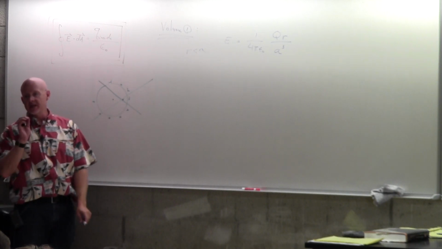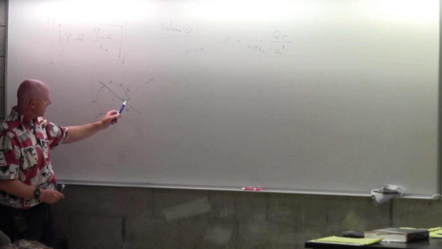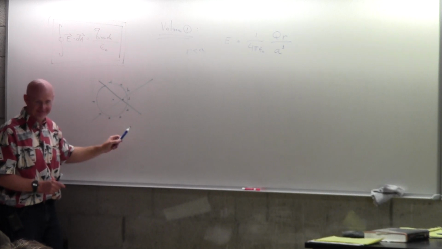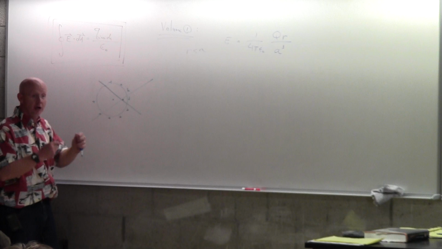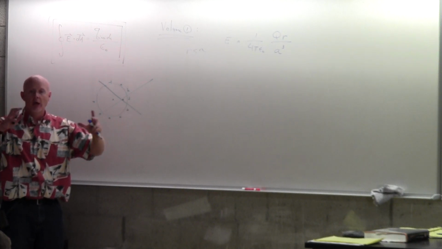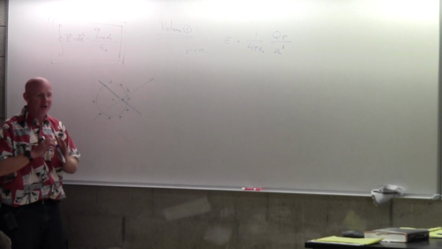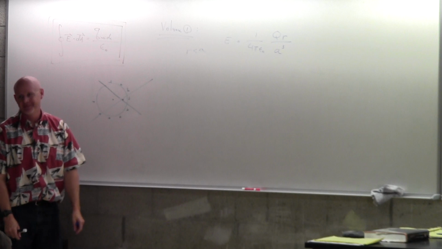And I agree that that's not so obvious, but they will, and here's why. Less charge here compared to here. But you're closer. The amount of area over here increased as r squared. The field got weaker as 1 over r squared.